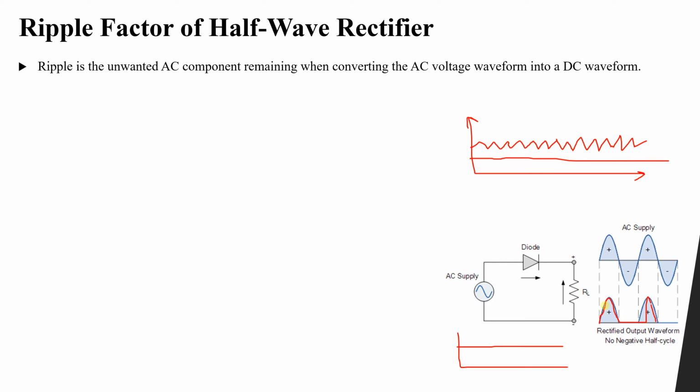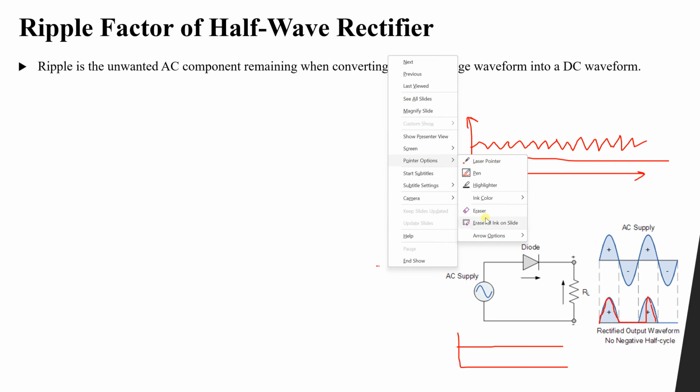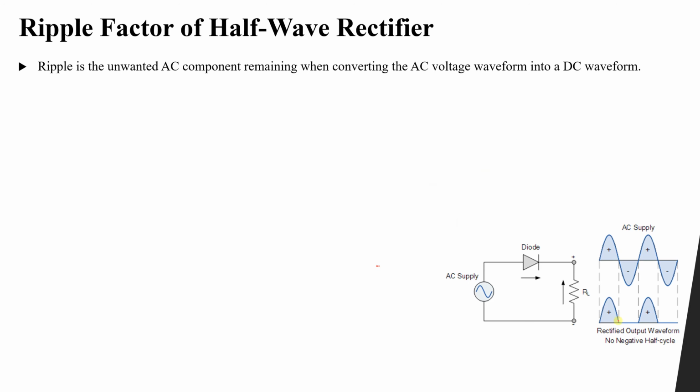What we see here is also called a pulsating DC waveform, as you can see, in the form of pulses. So this is what we call ripples.